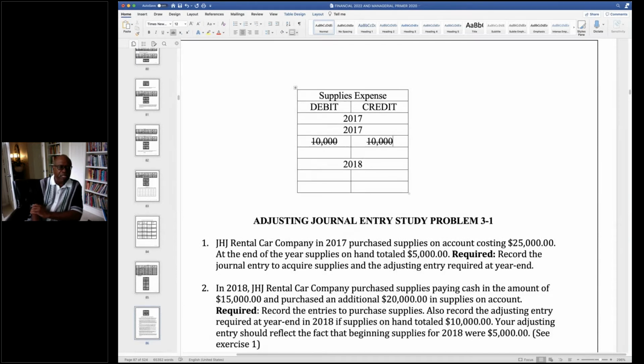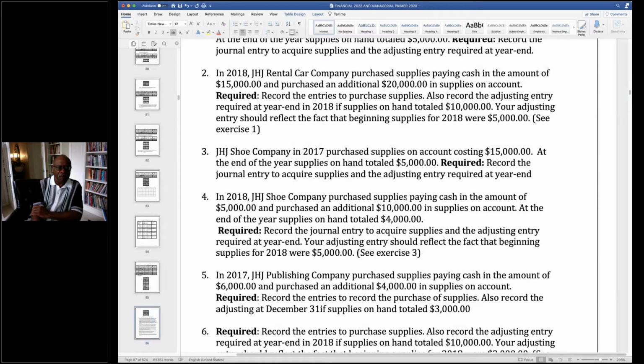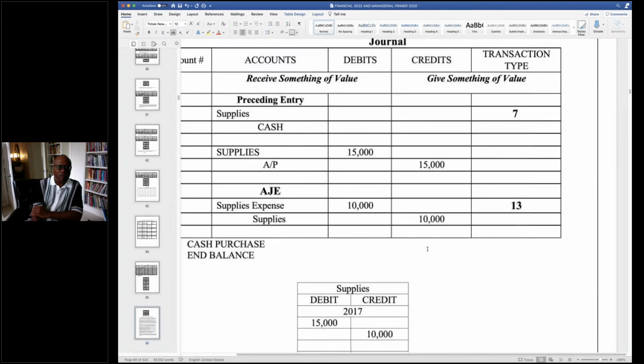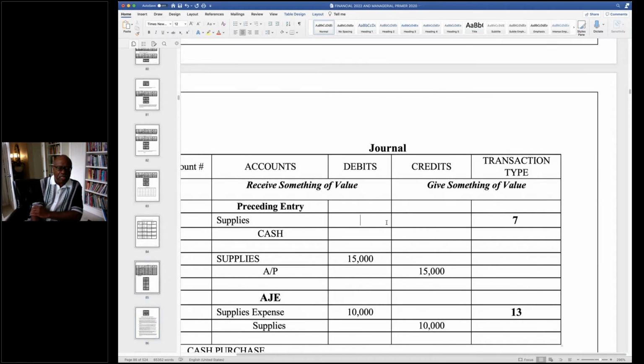What happens in 2018? In 2018, they purchased supplies paying cash in the amount of 5,000 and purchased an additional 10,000 of supplies on account. So it's going to be supplies and cash. Let's take these 5,000 as we move to another year. And how much did you purchase on account? 10,000.